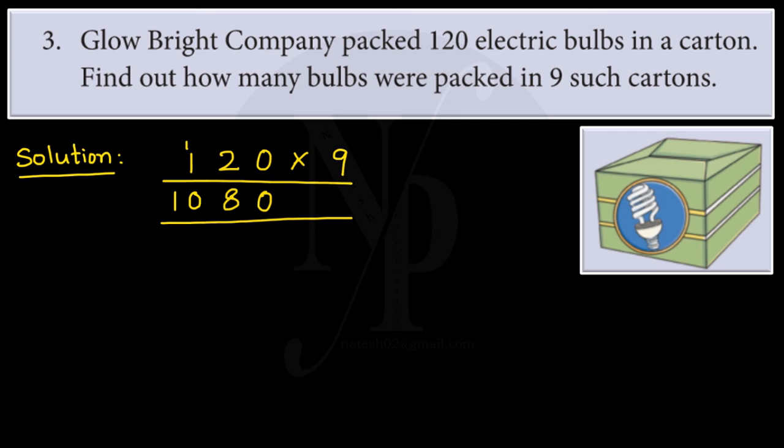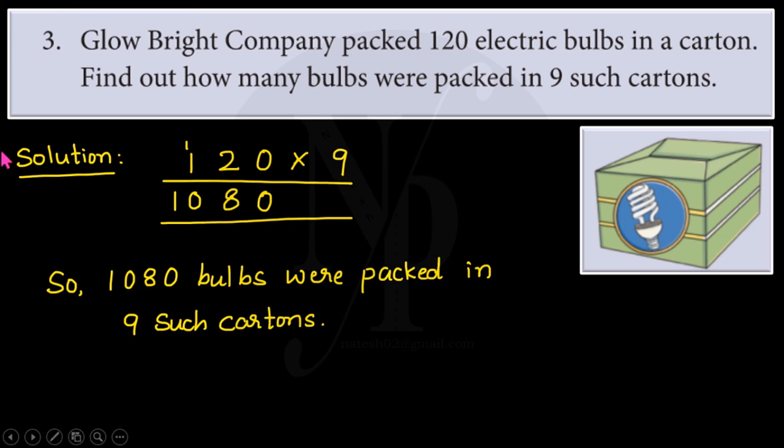So what we should write here as a concluding statement, there will be 1080 bulbs packed in 9 such cartons. Let us write now. So 1080 bulbs were packed in 9 such cartons. So this is the solution for this problem.